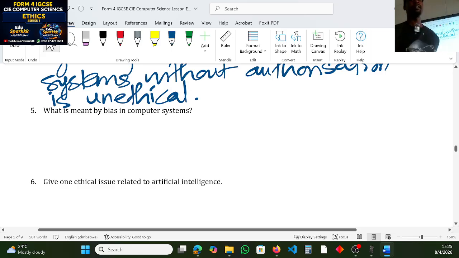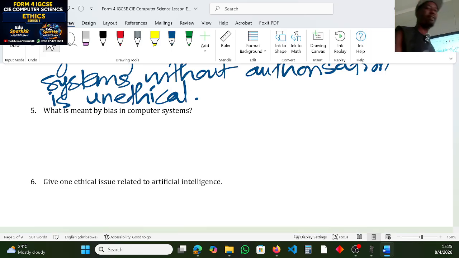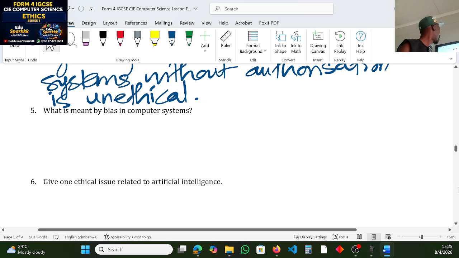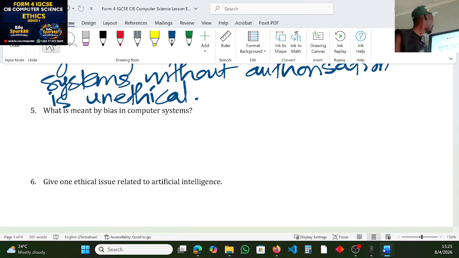So next, we are interested in bias. When we say bias in computer systems, what are we saying? Here we are interested in algorithms or software that make decisions based on certain factors, such as perhaps credit values or credit backgrounds. So this might result in giving some people a favor or an advantage amongst the group.